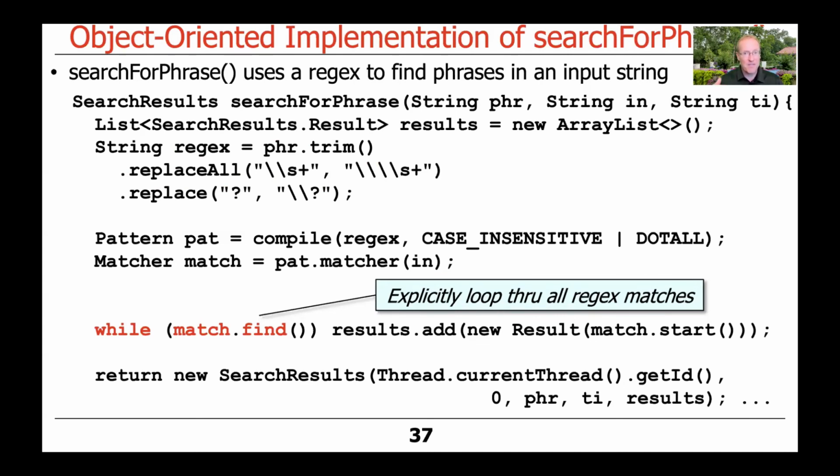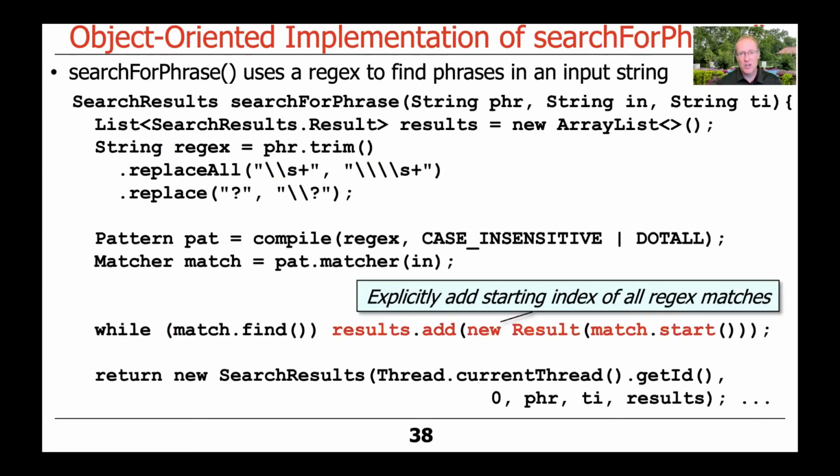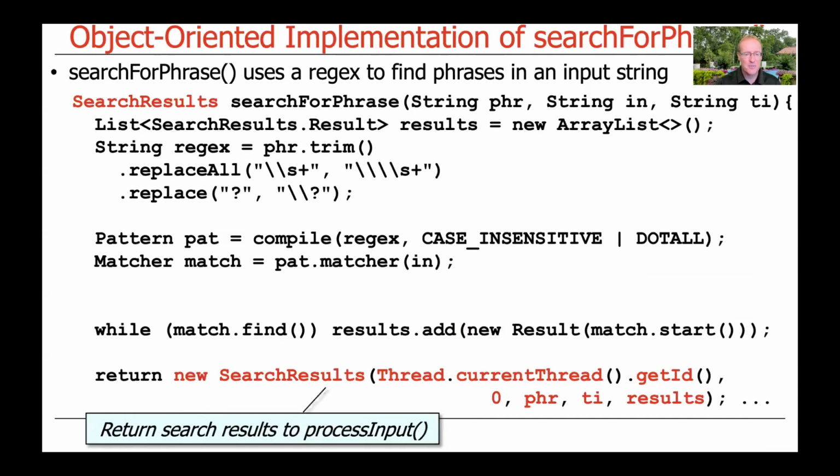And anytime find matches, it'll return true. And in that case, we make a new result object giving the index where the match began and storing that into the result object. Once again, if you don't initialize results, chaos and insanity results.